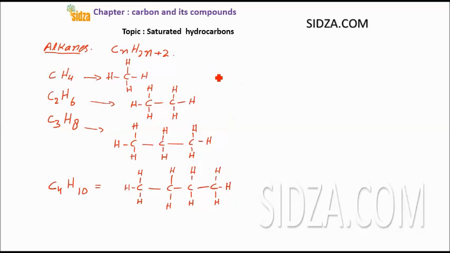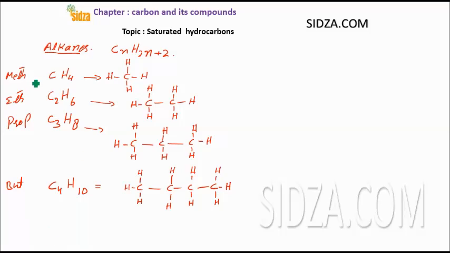When you name it, the first member, CH4, is called methane, right? Because we use the term meth for carbon 1, and if there is a hydrocarbon having 2 carbon atoms, we use the term eth. If there are 3 carbon atoms, we use the term prop. 4 carbon atoms, we use the term but.